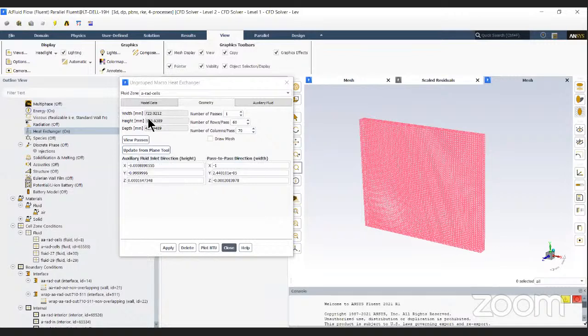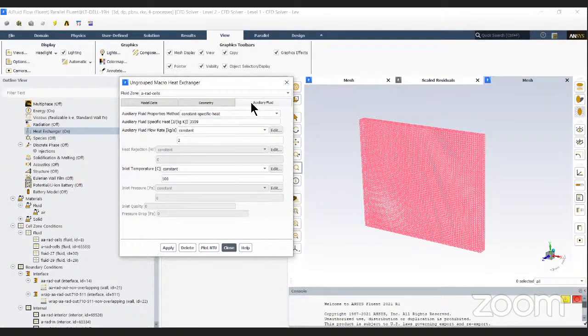Depending on the zone on which you specify, for example, I have chosen the heat exchanger zone to be assigned to this particular fluid cell, this extent of the domain will be automatically calculated, so you don't have to do anything over here. The only thing that you have to tell it is how many rows are available per pass of the coolant and how many columns are available per pass of the coolant. And this is going to be dependent on the mesh that you choose.